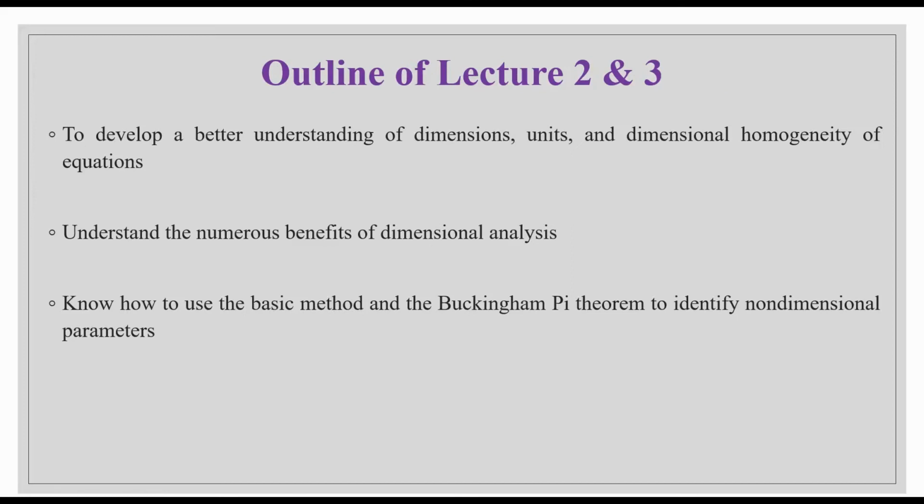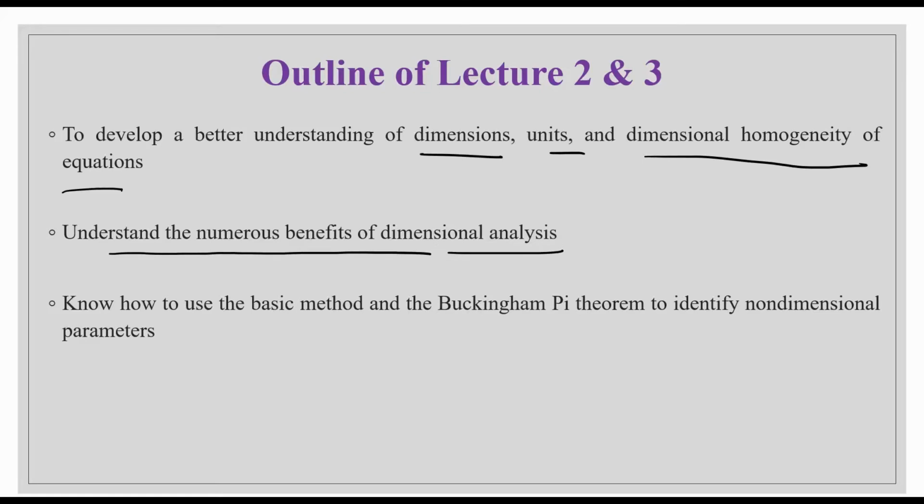So I'll tell you what we mean by dimension, unit and dimensional homogeneity of the equations. We will understand the various benefits of dimensional analysis, and then we will see how to use the basic method and Buckingham pi theorem to identify non-dimensional parameters.